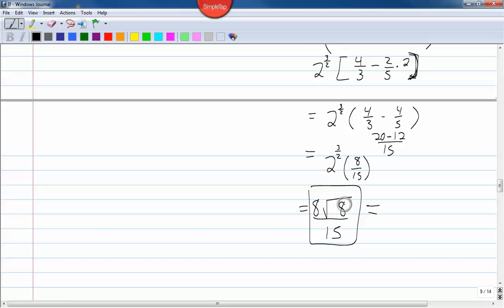You know, if you don't want to leave that like that, what can we do? That's the square root of 4 times the square root of 2. The square root of 4 is 2, so that's 16 square roots of 2 over 15. So that right there is the most correct answer.